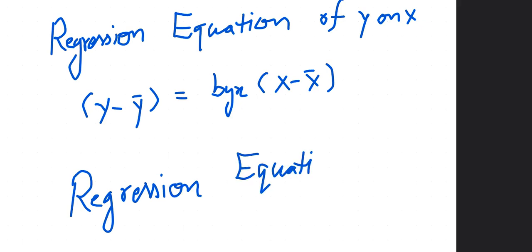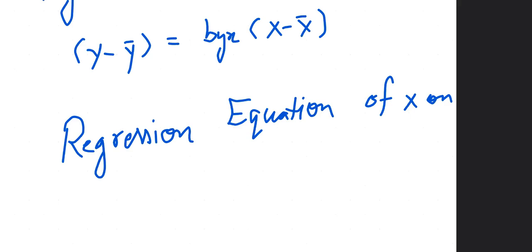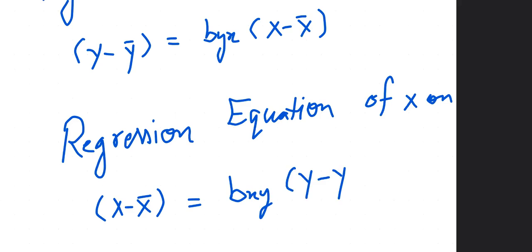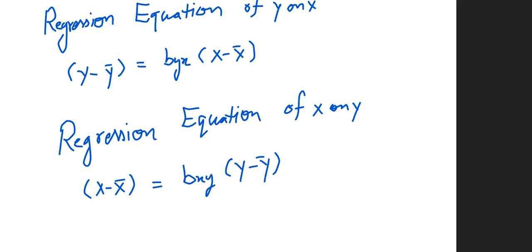Now, the regression equation of x on y is: x minus x bar is equal to bxy into y minus y bar.